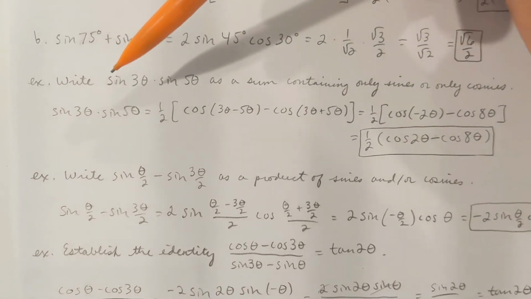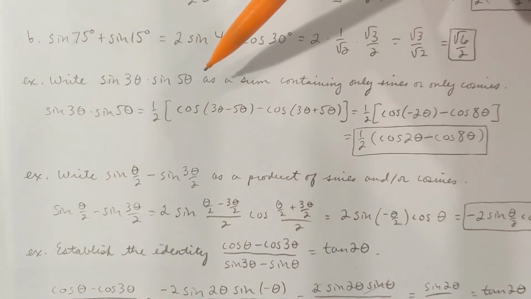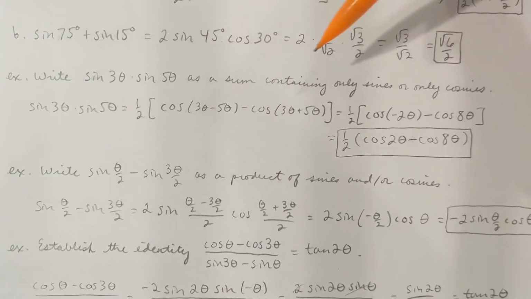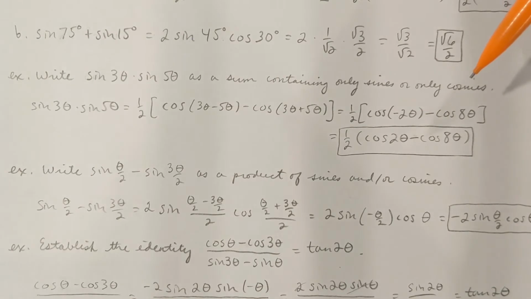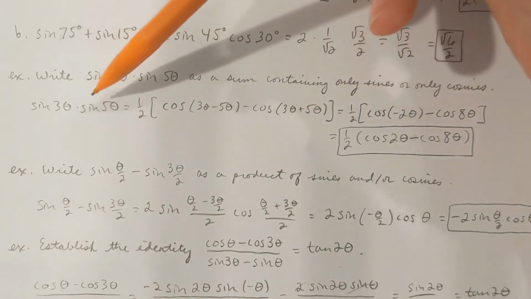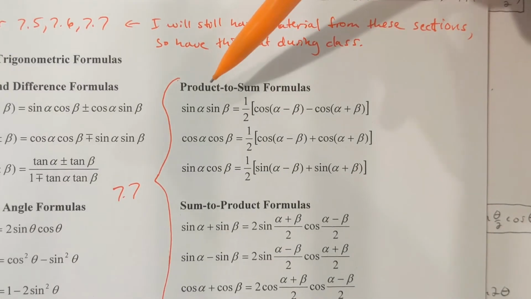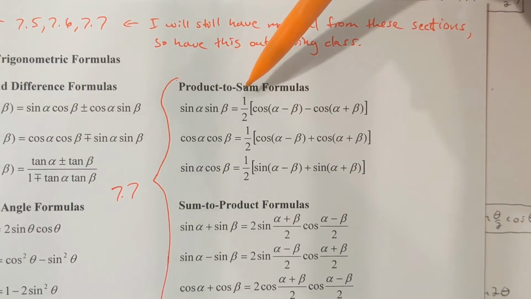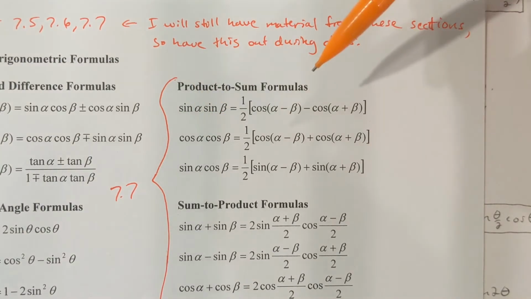Here's another one. Write sine of 3 theta times sine of 5 theta as a sum containing only sines or only cosines. Well, I've got a product since I'm multiplying, and I want to write it as a sum, so of course I'll use my product to sum formula, the first one here.